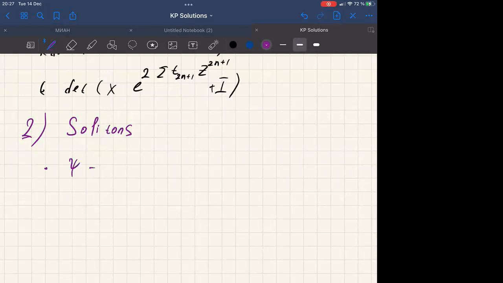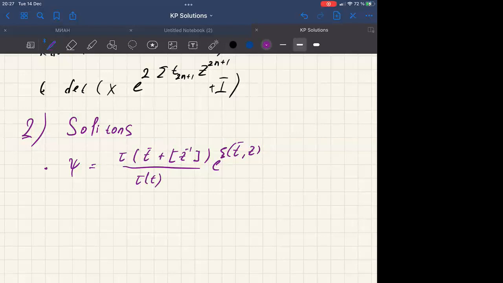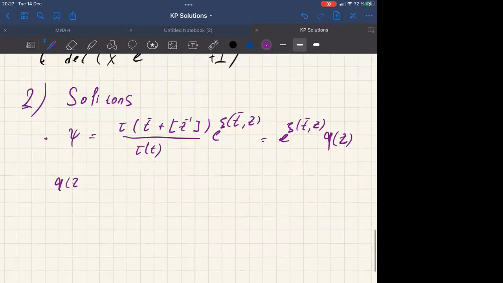Psi, which is a Baker-Akhiezer function, equals Q of Z, where Q of Z is a rational function.